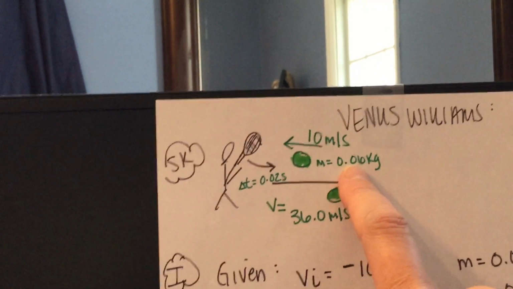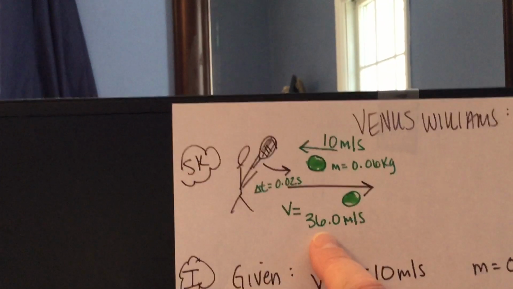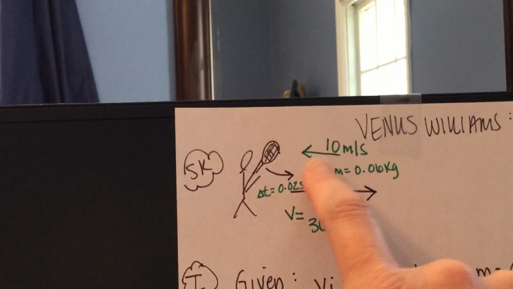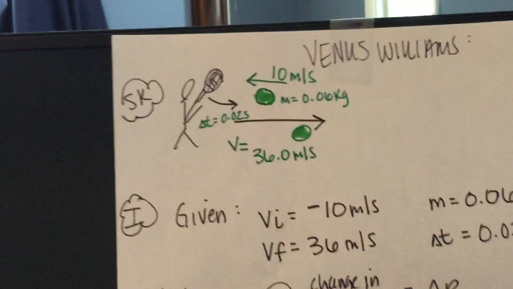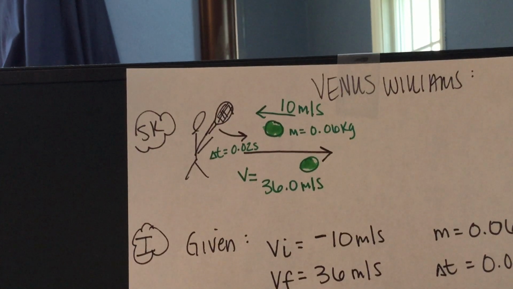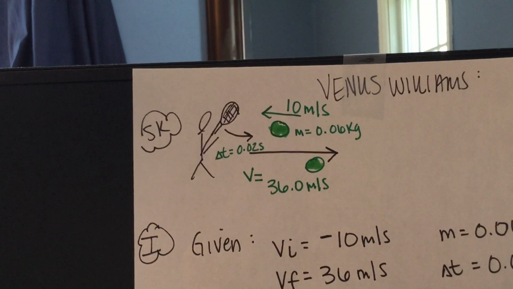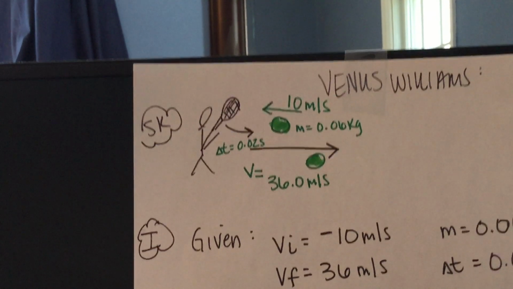That ball's mass is 0.06 kilograms, and it is returned with a velocity of 36. Notice my vectors, two different arrow directions, two different lengths of the arrows, which indicate the numerical value of that velocity. So the velocity with which it's returned is greater. So we have two different directions here.